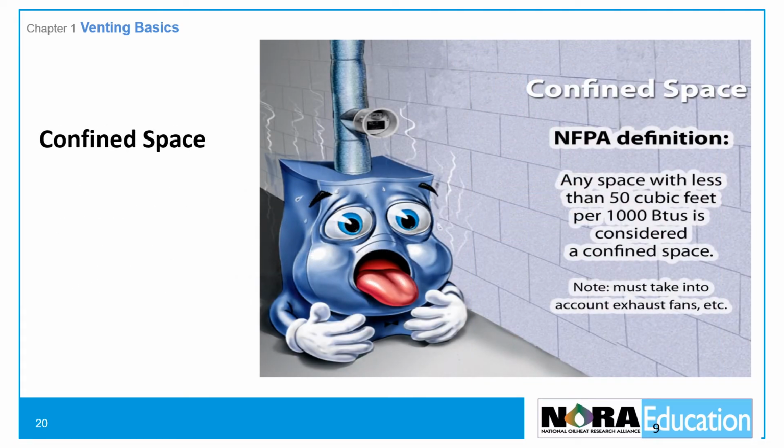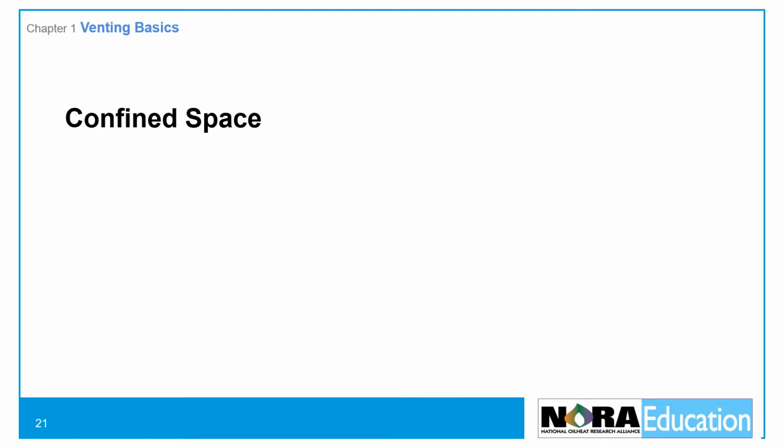According to NFPA 31, a confined space is defined as a space whose volume is less than 50 cubic feet per 1,000 BTUs per hour of the aggregate input of all appliances installed in that space. So any space that provides less than 50 cubic feet per 1,000 BTUs of total appliance input is considered a confined space. To determine the maximum total firing rate allowable in a room, the total cubic feet must be known.